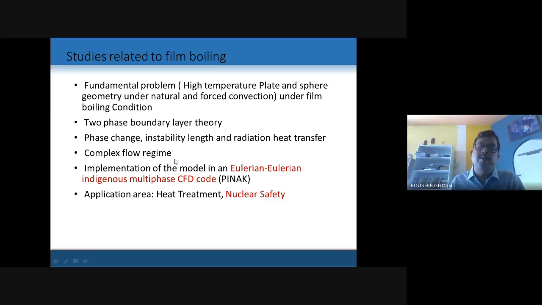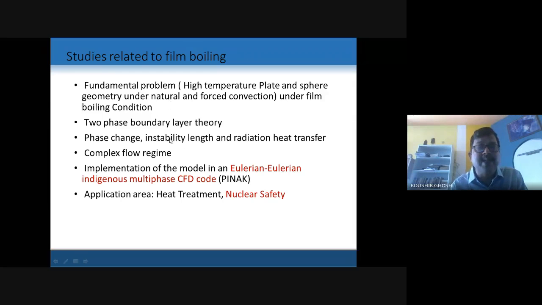There may be bubbly flow, dispersed flow, annular flow, crispy annular flow, and slug flow. These are very complex flow regimes, and moreover, implementing this in a system code or a multiphase CFD code is also a big challenge.